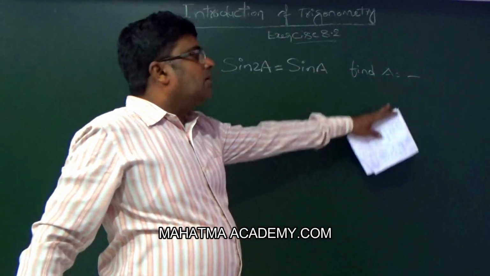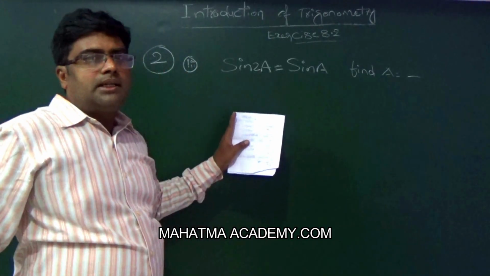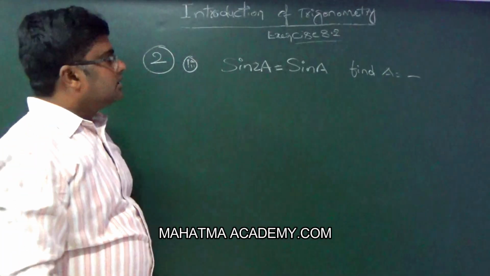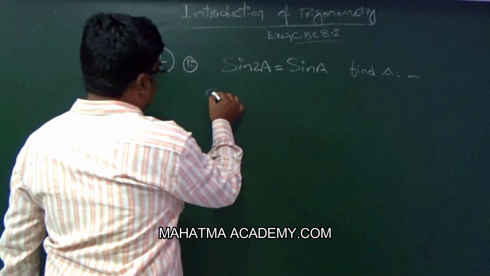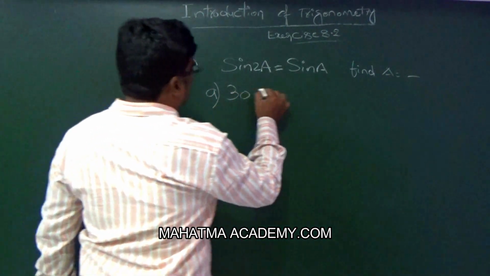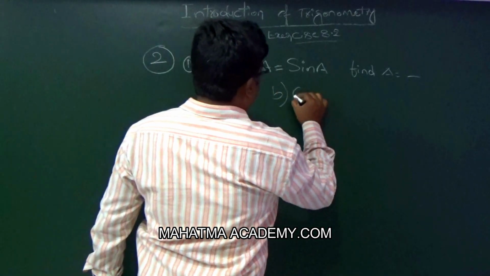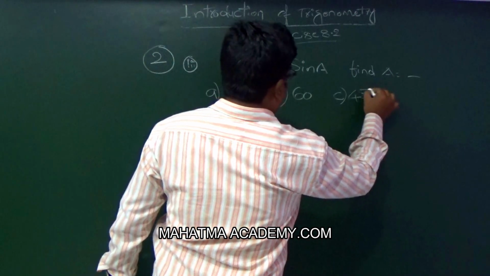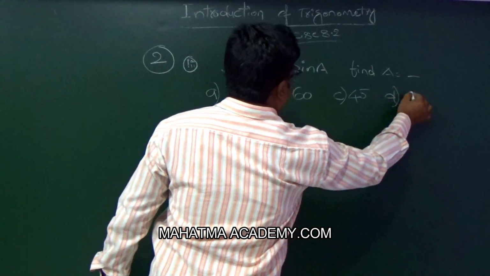At what value of a is this equation sin 2a equal to sin a true? The options are: a is 30, b is 60, c is 45, d is 0.